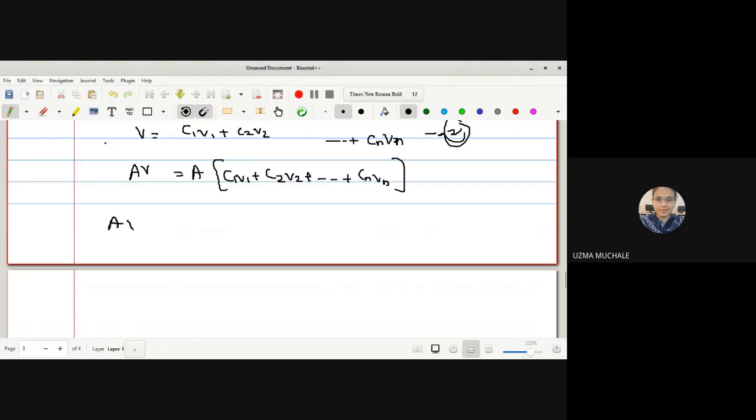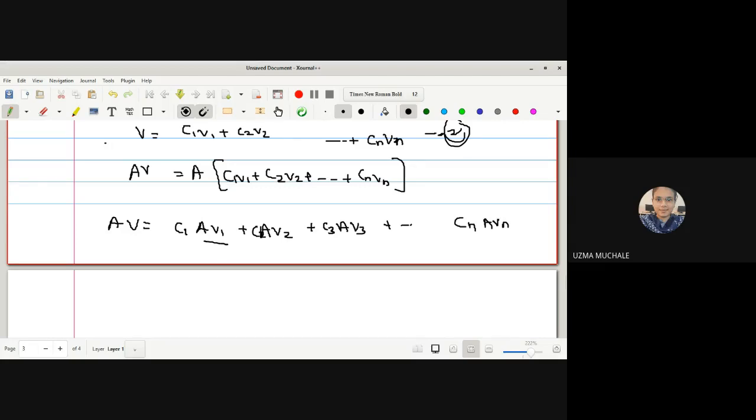Right? If I multiply this inside, we get c1 A v1 plus c2 A v2 plus c3 A v3 and so on, cn A vn.